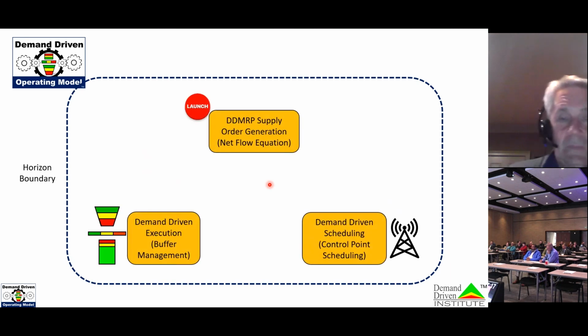So if we think about this, and I've got 1 minute left before I want to take some questions, DDMRP order generation says I'm going to take demands due today, demands due in the past, or any future spike. So it's waiting as long as possible before we start activity.